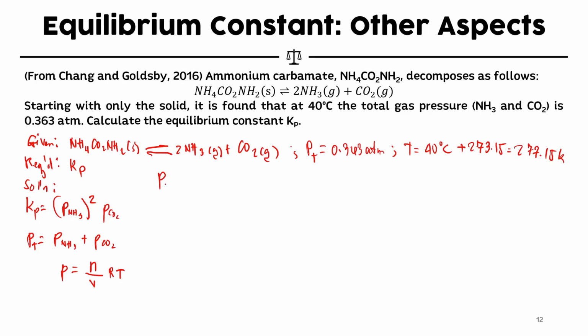So the partial pressure of ammonia is equal to the number of moles of ammonia multiplied by the gas constant and the temperature divided by the volume of the vessel. Same goes for the partial pressure of carbon dioxide.